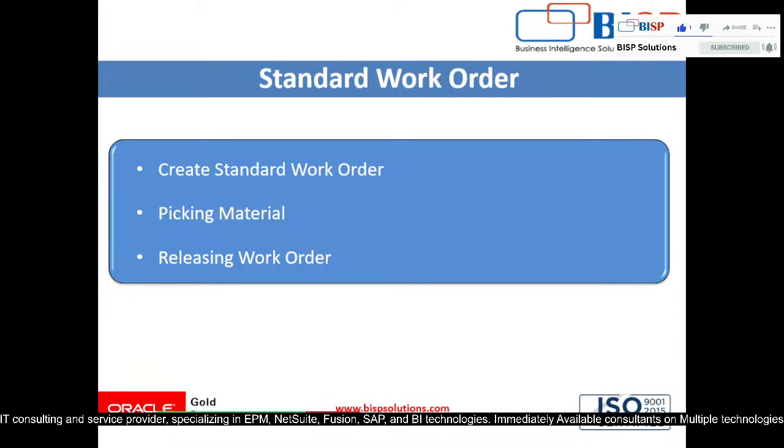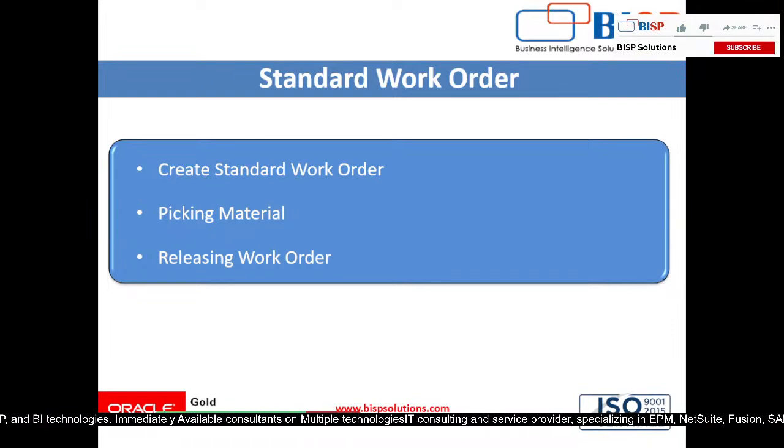When a user creates a standard work order, the automatic pre-selection logic is used to derive the work definition. We will see how the pre-selection logic is automatically triggered in the standard work order.